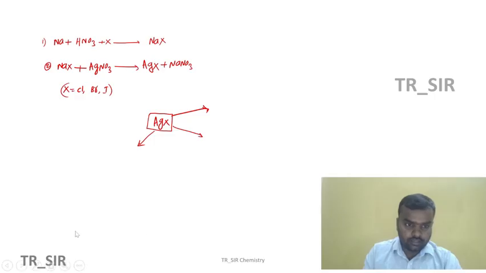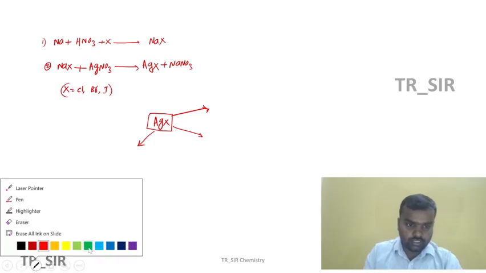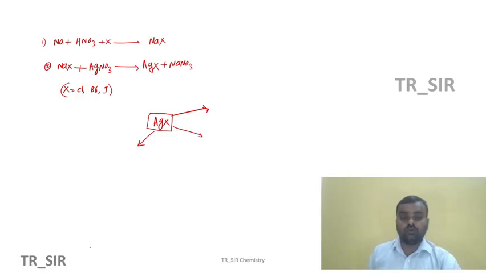Now, if X is chlorine, it will form an AgCl precipitate.